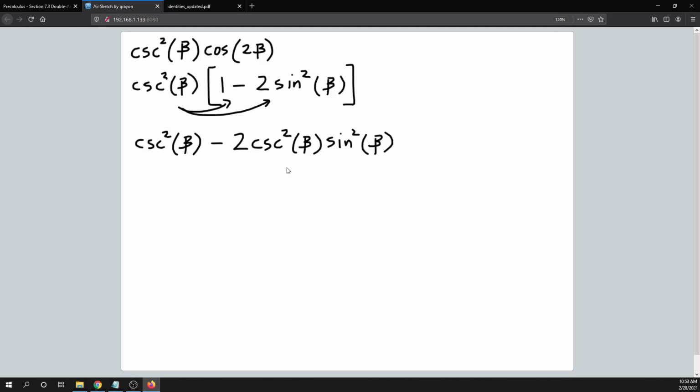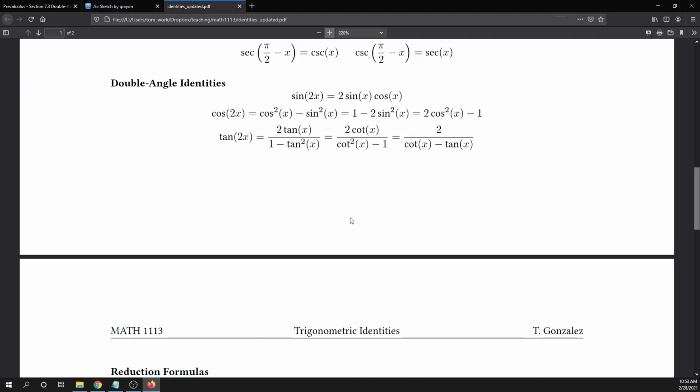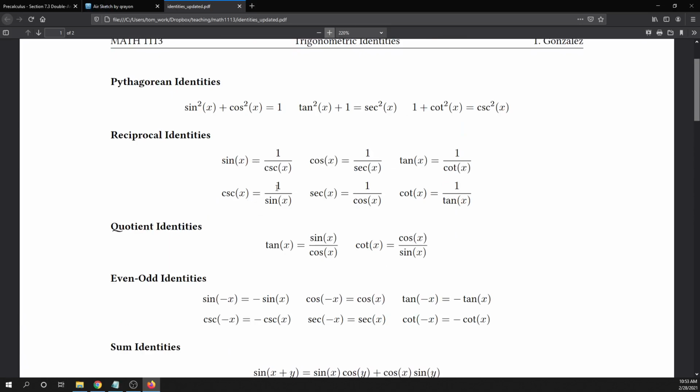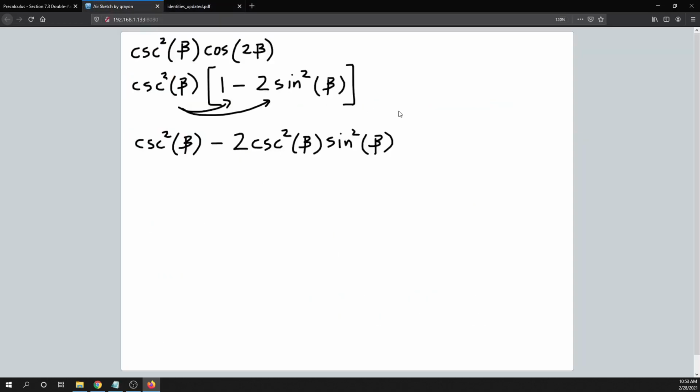Okay, and so now I just want to keep simplifying. One of the reasons why I chose this 1 minus 2 sine squared beta is because I knew that cosecant is 1 over the sine. So there's probably some simplifications that I could do here. So remember, we have this identity up here: cosecant is 1 over the sine, this reciprocal identity.